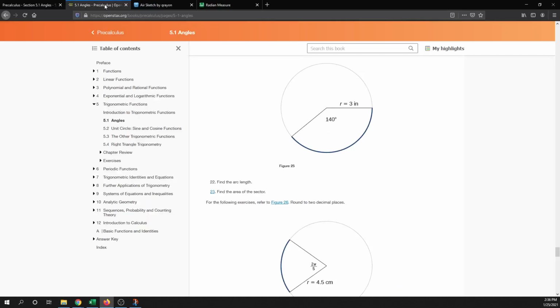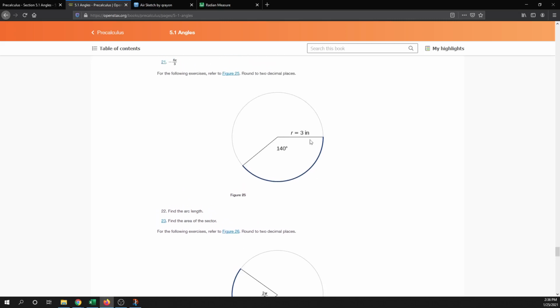Let's take a look at a couple of examples from the OpenStax book that we're using, number 22 and 24. So 22 is this one right here. So let me get that set up. And so here they give you a figure to look at, and they want the arc length.